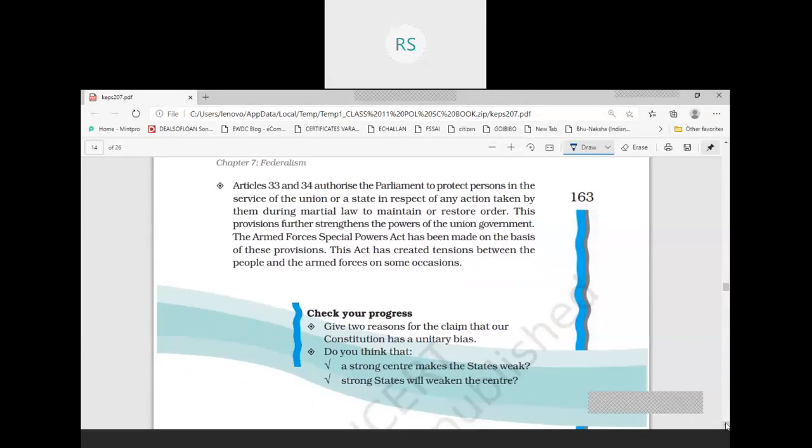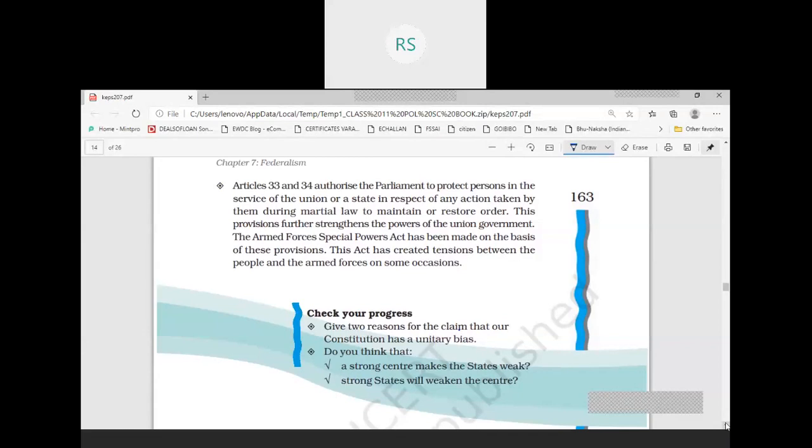Then we have Article 34 also, and this Article 34 is regarding the restrictions on the fundamental rights given by this constitution when martial law is in force in any area. If in any area martial law is there, then what happens?